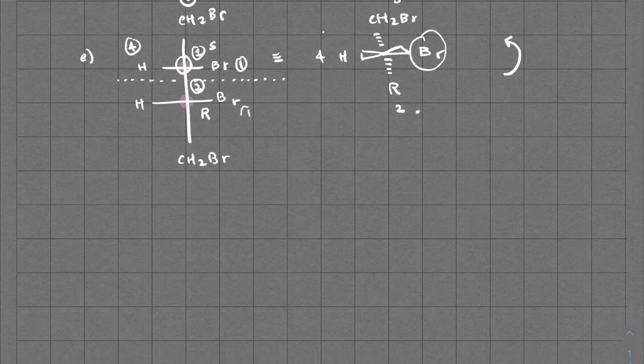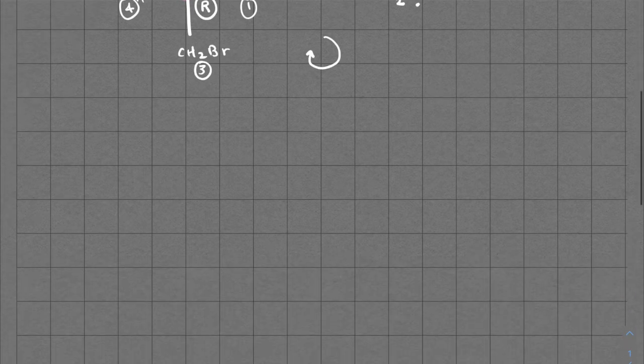This is 1, 2, 3, 4. And so as you can see, it is rotating this way. So indeed, we're correct, and that is our configuration. Perfect. All right, let's go on to the next problem.